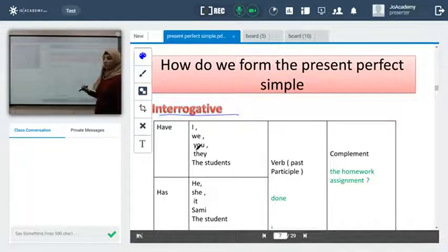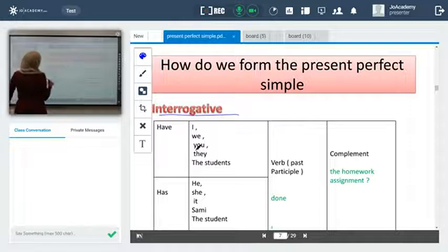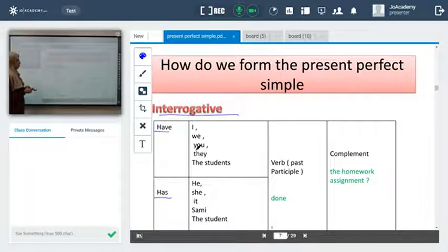In the previous cases, the sentence started with a subject. But in questions, sentences usually start with the auxiliary verb have or has, depending on the subject. Of course, these questions are yes or no questions. So let's form a question together.